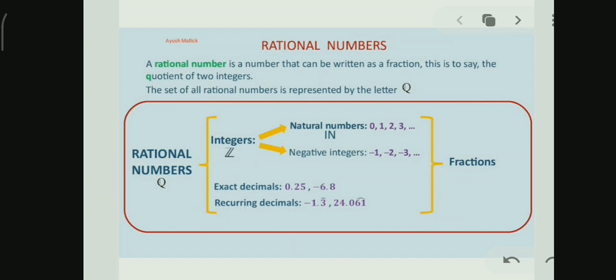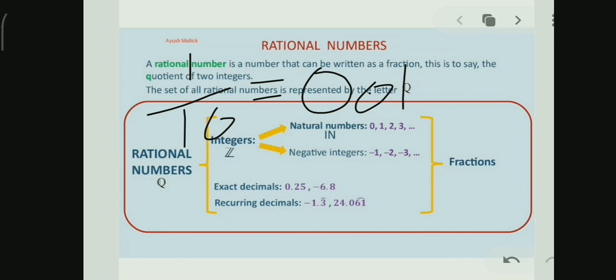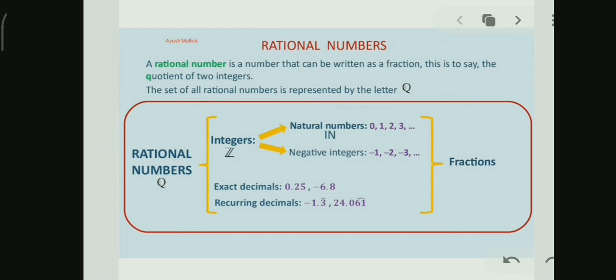If we write 1 by 10, this is a fractional form. I can write it in decimal form as well, just like this, 0.1. Like this we can write fractions as decimals. So rational numbers contain integers as well as exact decimals and fractions.